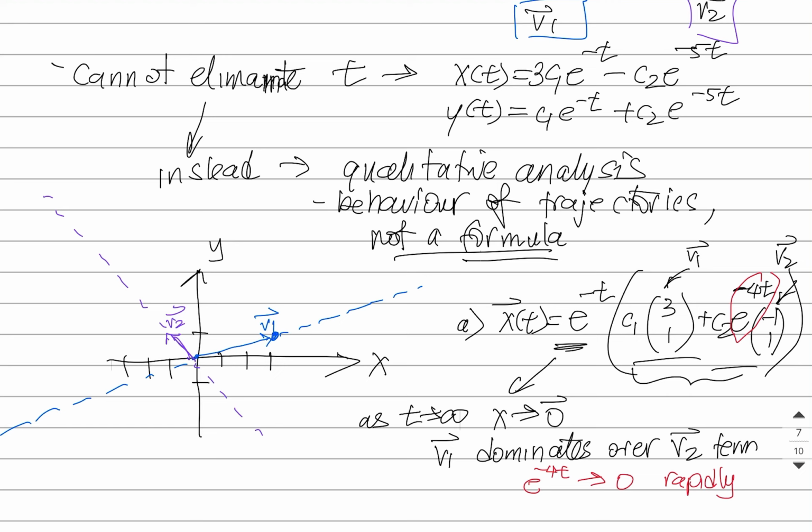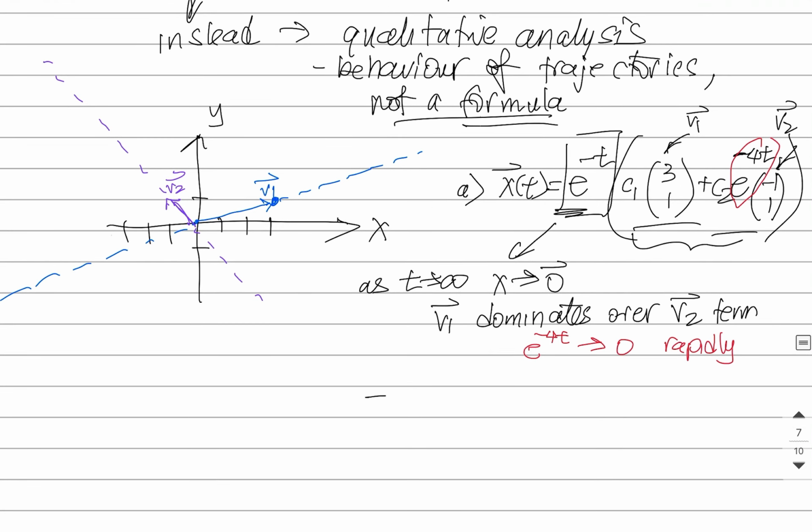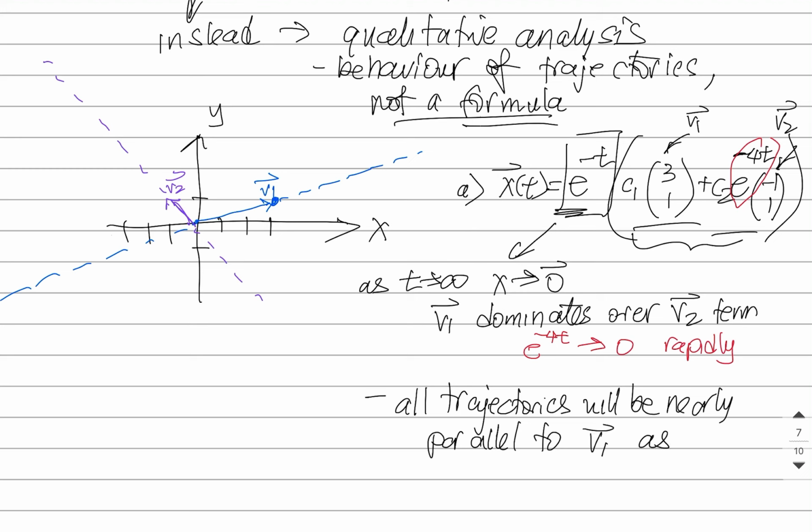And that means, yes, we understand that the full solution is going to the origin, but as it goes to the origin, all the trajectories are going to be nearly parallel to v1 as x goes to 0.